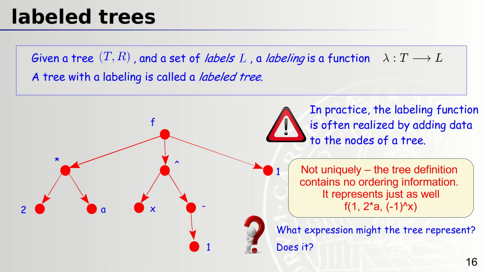Keep in mind that this visual representation of the labeled tree is just that, a visual representation. In this case, the placement of the nodes suggests information that neither the tree itself nor the labeling actually provides, that of an order among the child nodes of a node. The tree doesn't have one, even if the graphical representation suggests otherwise.